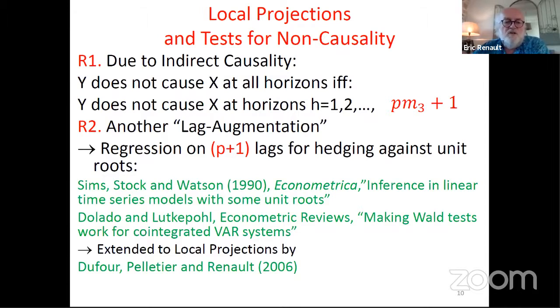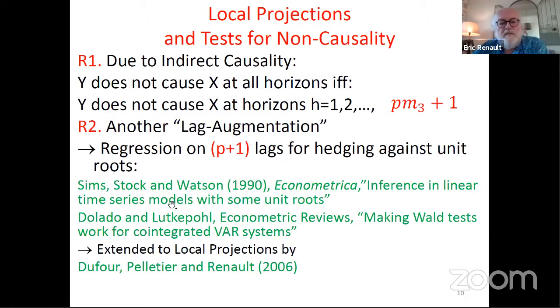Another lag augmentation, which we have introduced in this paper with Dufour and Pelletier, was the following. When you know that you have a VAR of order p, you are actually going to run a regression on p plus 1 lags. Why do that? The issue we had in mind with Dufour and Pelletier was to hedge against unit roots. When you consider macro variables like GDP, often there is a unit root, and they are co-integrated and so on, so it's not so easy to get rid of these unit roots.